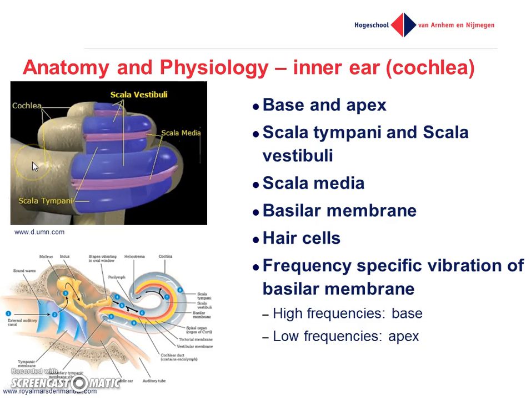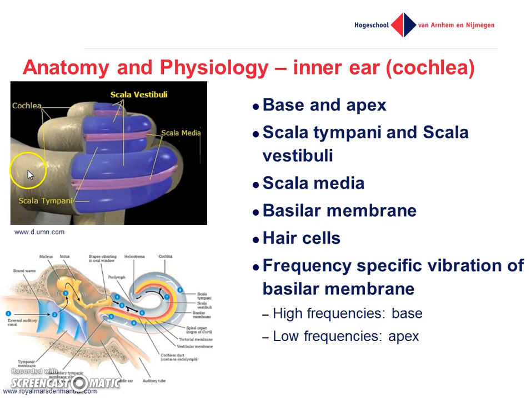Now you see that the cochlea has a lot of sort of tubes. They are called scala. You have a scala vestibuli, which is the upper one. You have a scala tympani, which is the lower one. And you have a scala media, which is the scala, the tube, in between.